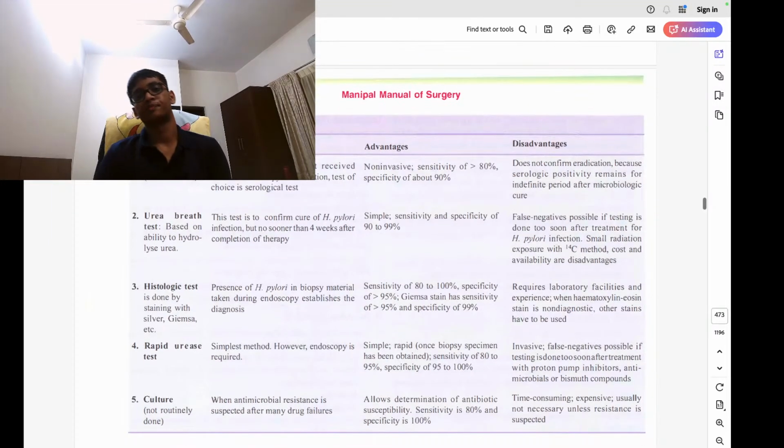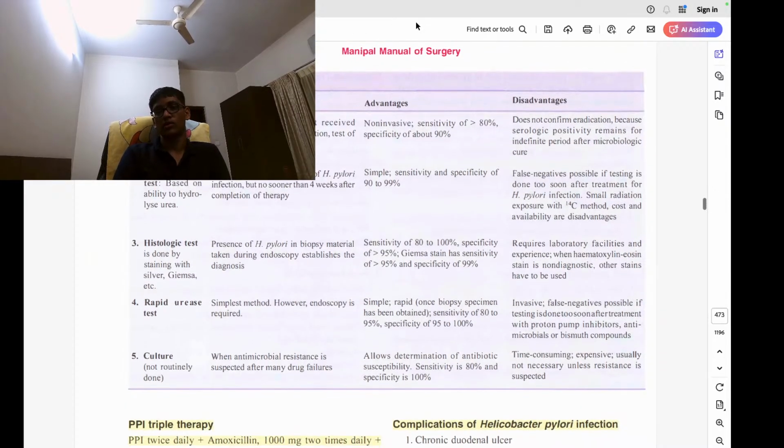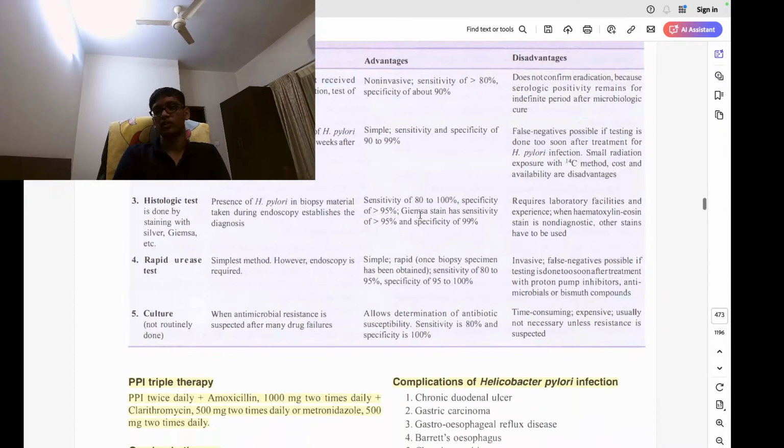So again, tests for Helicobacter pylori. Serological test, ELISA based. Used when the patient has not received treatment. Test of choice is serological: non-invasive, very high specificity and sensitivity. Urea breath test is very simple, with very high sensitivity and specificity. And histological test, silver staining with silver Giemsa.